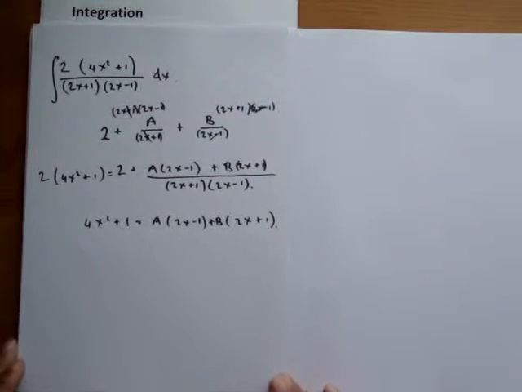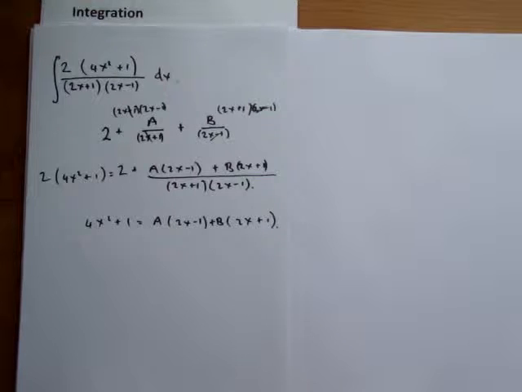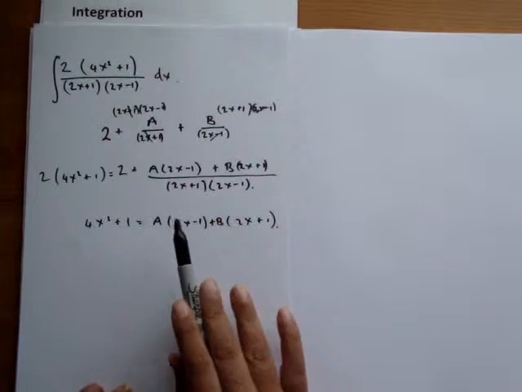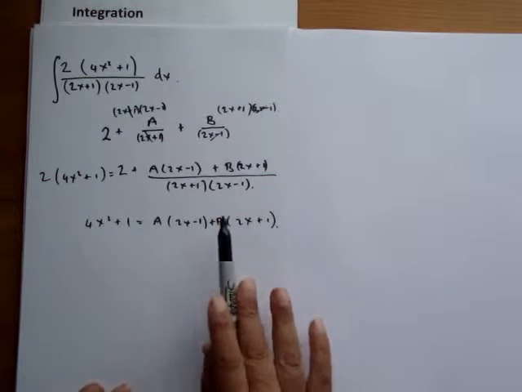Now in this method what we do is we choose x to be something which gets rid of one of the factors.